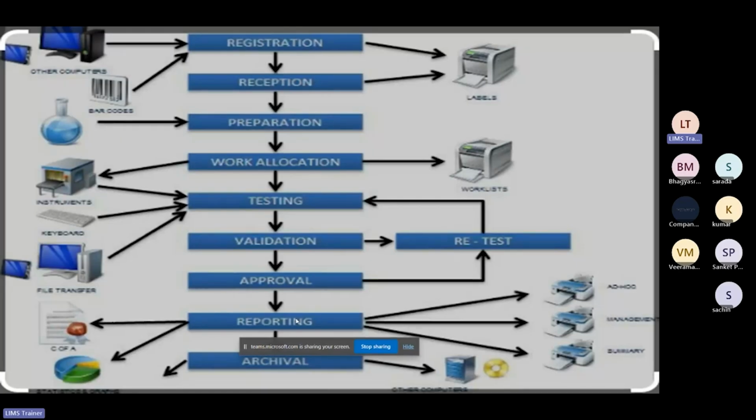After testing, it will be validated. Then it is approved. If it is not as per the norms and not approvable, then it will go for retest. These are the decisions of the lab manager or the reviewer. And then comes the reporting, and the last and very important part is archival.